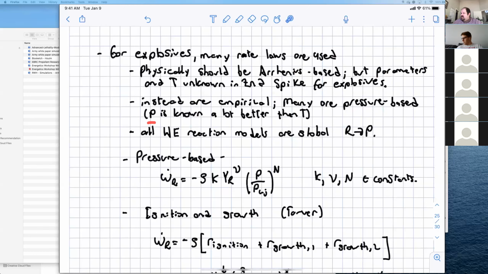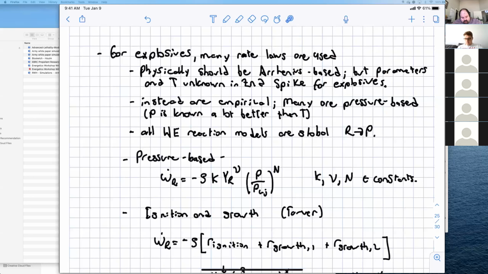Pressure is a lot easier to compute with an equation of state than temperature, because to get the temperature, you need to know all the vibrational modes and intermolecular potentials and all that stuff, which is extremely complicated, whereas the pressure is a lot easier to calculate from a molecular standpoint.